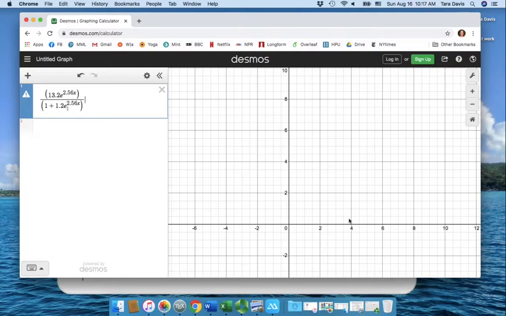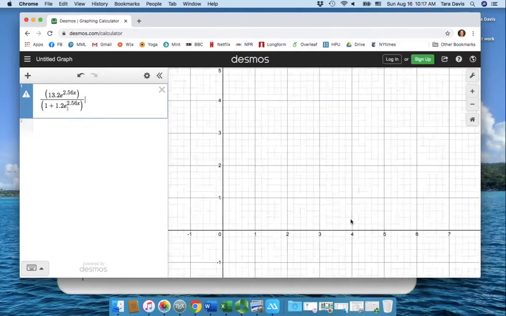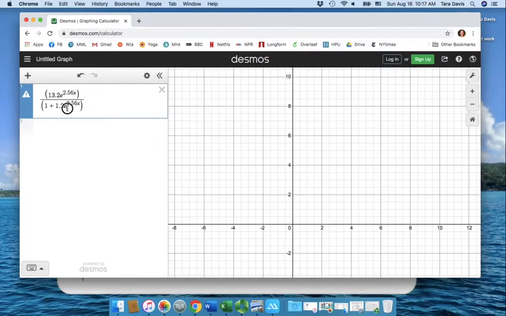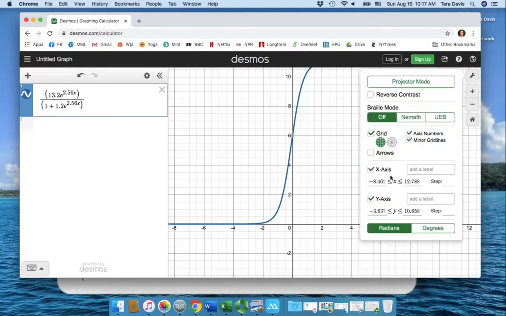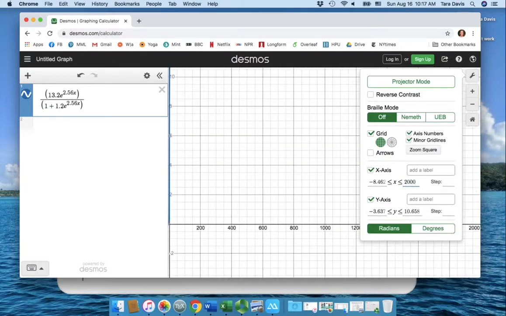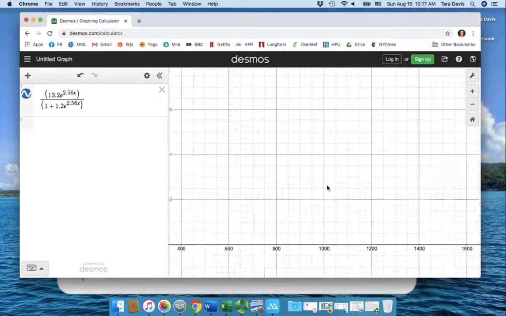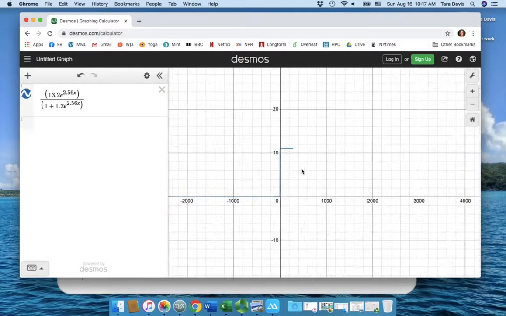Okay, so here's our graph, and you're like, oh, I can't see it. Something's wrong. It's just this little subscript it didn't like. Okay, here we go. Now I'm going to change the settings because I want to see the values on the x-axis up to, say, at least 2,000. So there we go. That looks a little bit better.